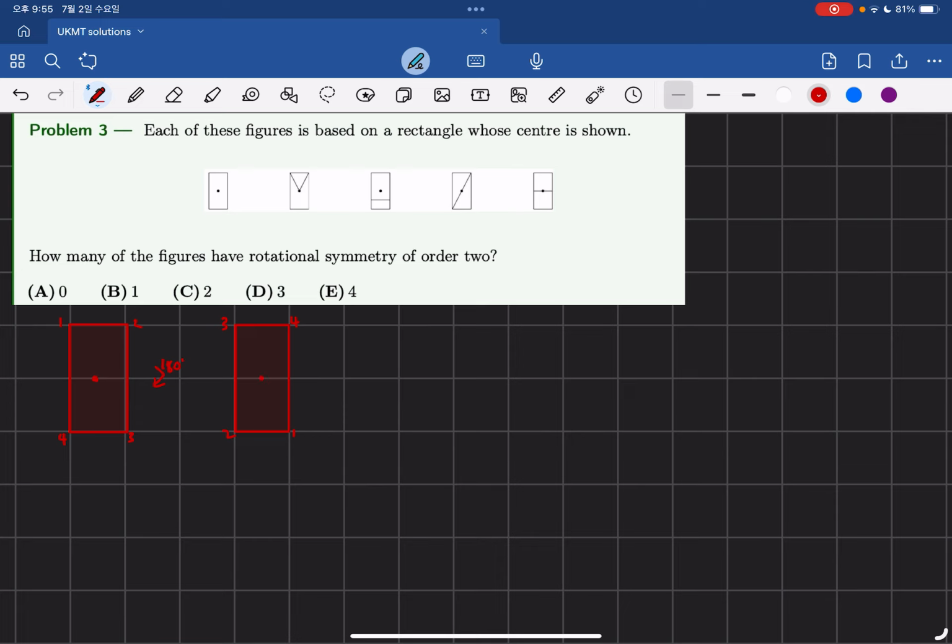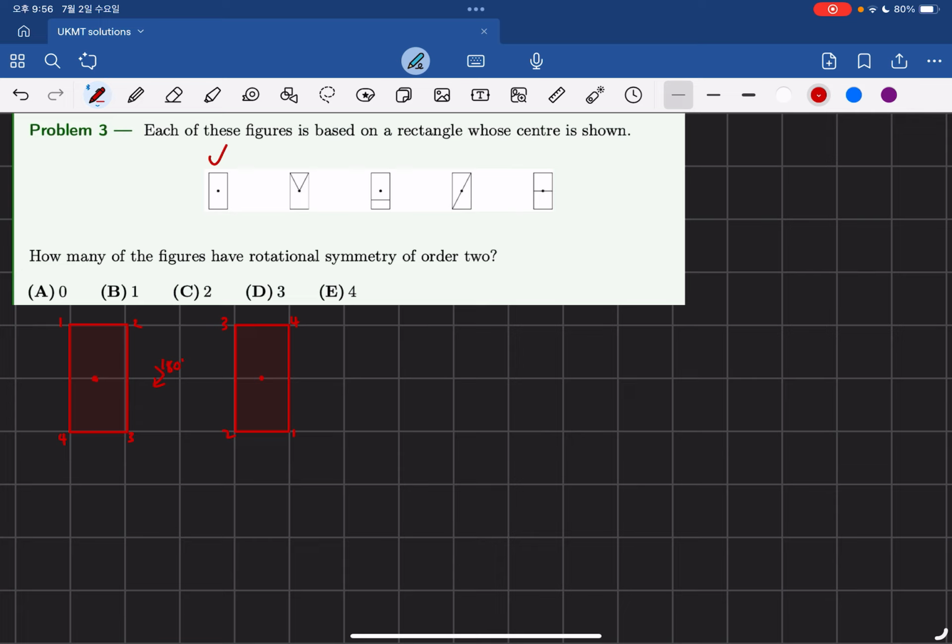And those are the two shapes that look the same after rotating 180 degrees. So this shape has rotational symmetry of order 2. So the first shape is true.